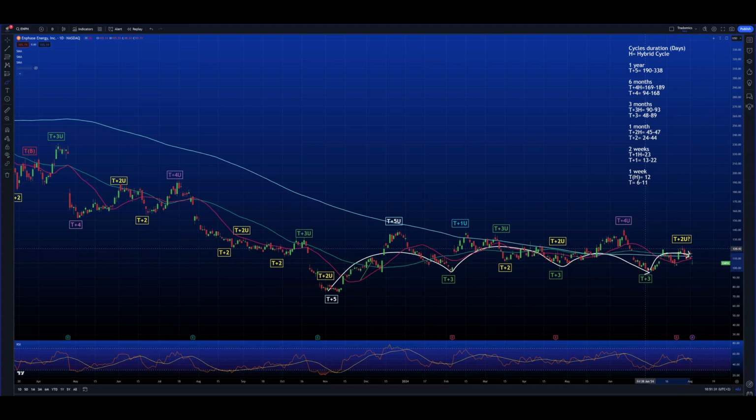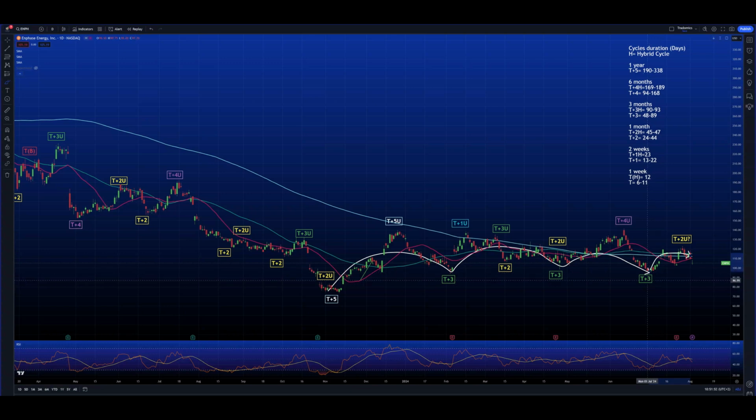You need to have a certain number of bars higher than the low from which a cycle started to basically define it as a T plus 3 or T plus 4. And the rule is, and if you go to the introduction to the T cycle analysis, that you need to have the duration of 2 degrees less.